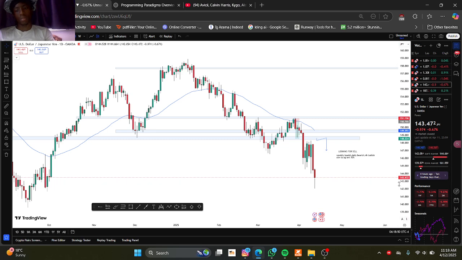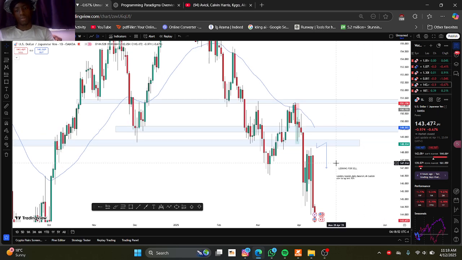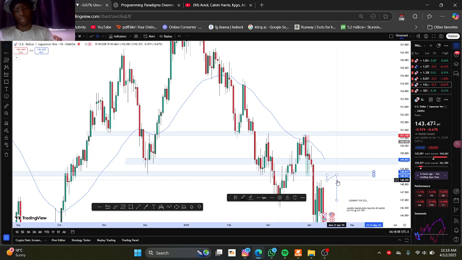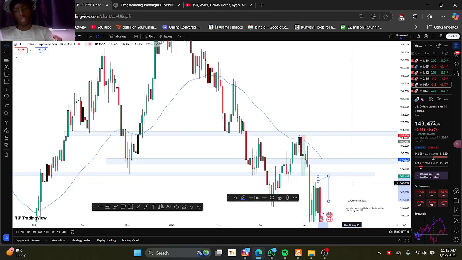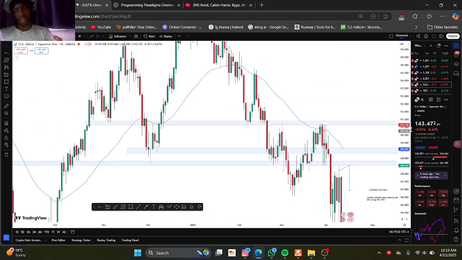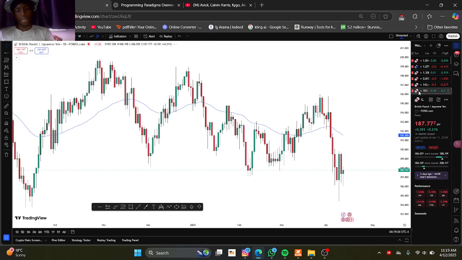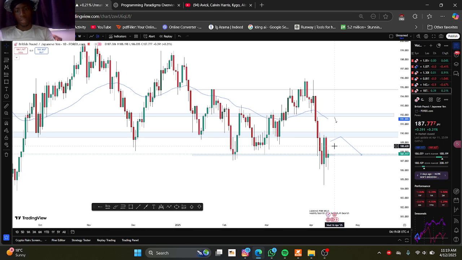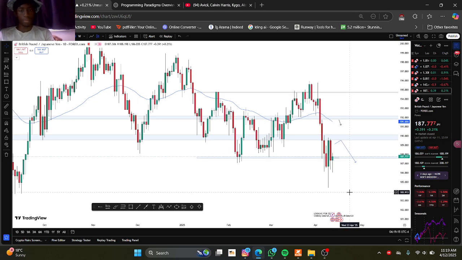Then same as USDJPY. I was looking for sales, but it did not hit this level here. This was my point where I wanted to sell this thing here, but they did not retest it, so I didn't take the trade just like that. And GBP JPY also, it hit my level as well, but I also didn't like the way my risk to reward was looking, so there was no point of me investing my money in it.